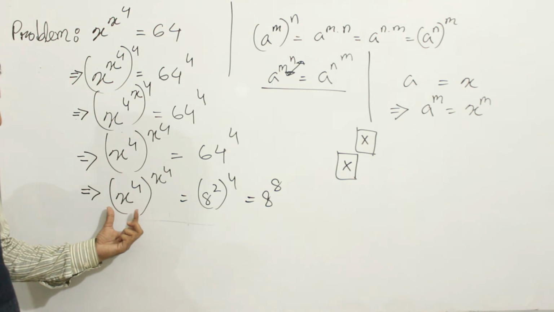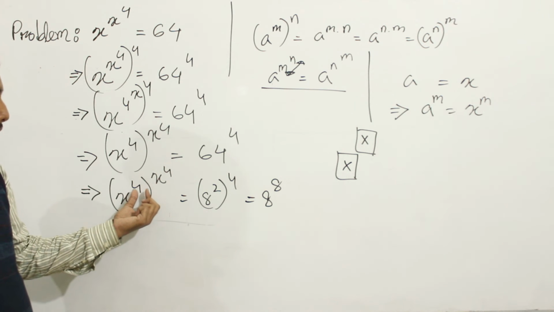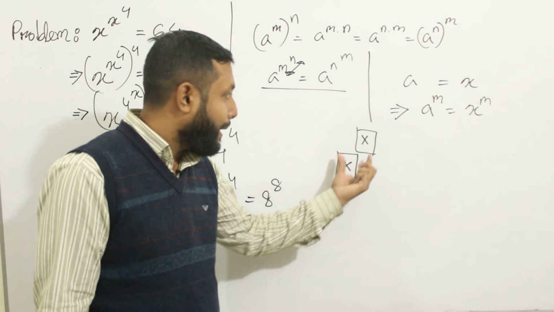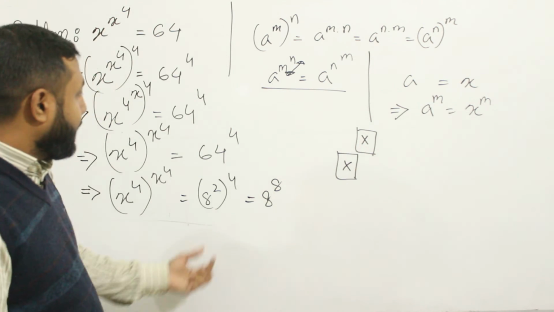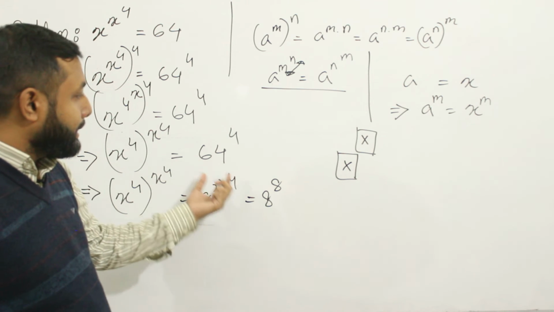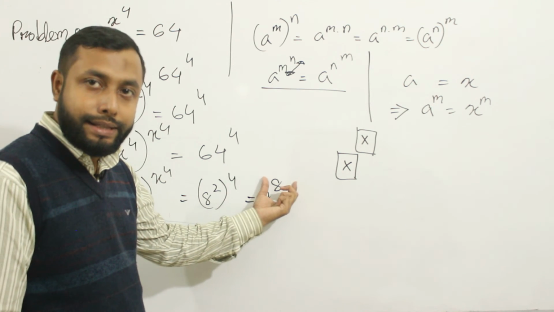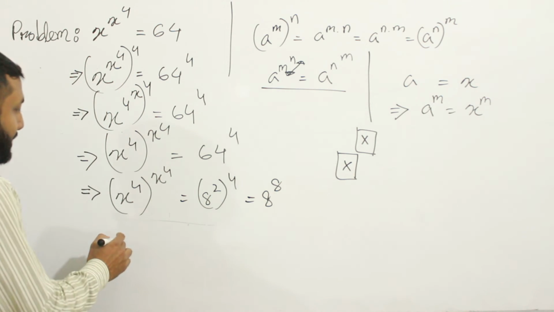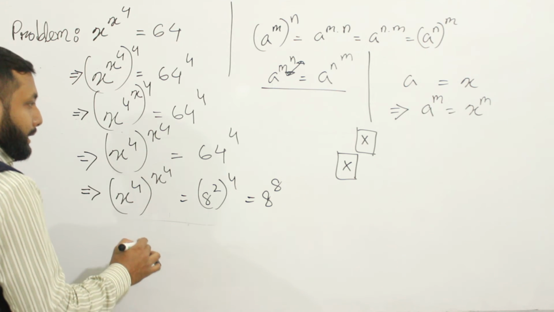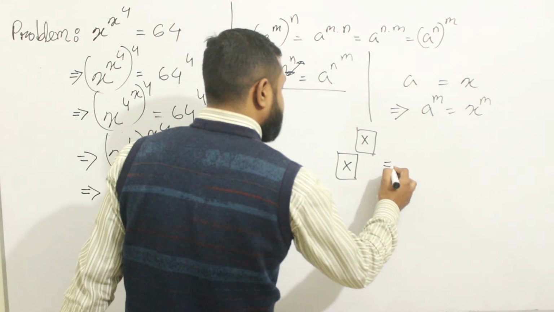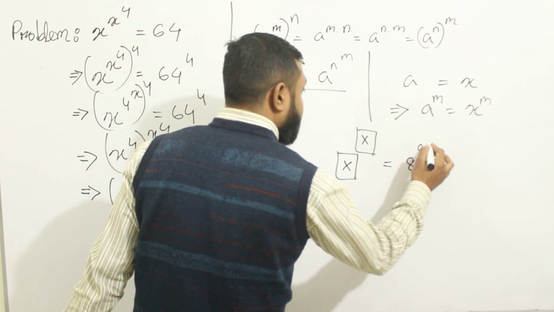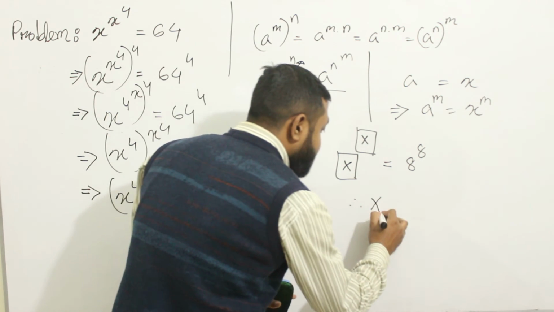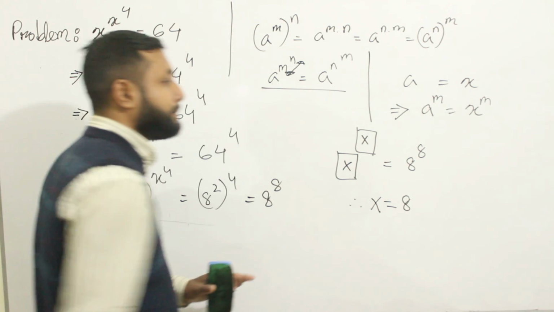As we stated here, x to the power 4 exponent x to the power 4 is x to the power x, and here we can rewrite the right side as 8 to the power 8. So from this equation, x to the power x is equal to 8 to the power 8. So we can rewrite from here that x is equal to 8.